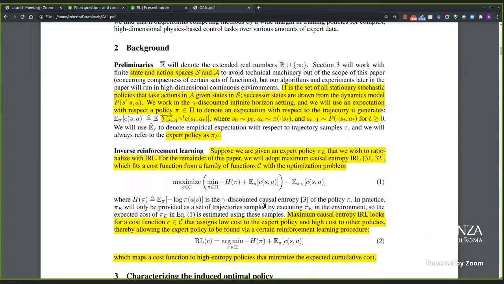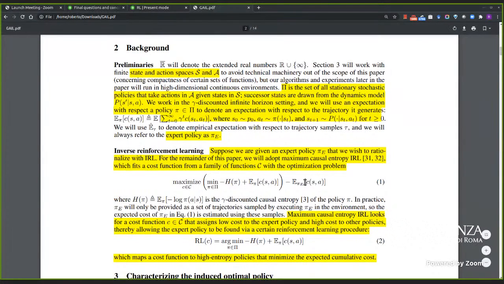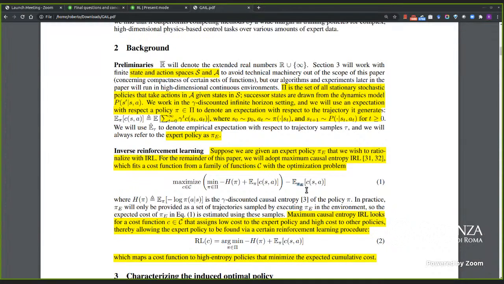Again, pi E is provided, we don't know the policy exactly, we only know the trajectories that are generated by this policy, okay? So we can only compute the expected cost of this by looking at these trajectories. So this expected cost is an empirical expectation with respect to the trajectories that are generated by the expert.